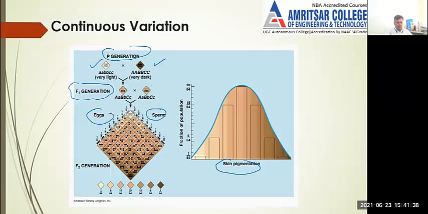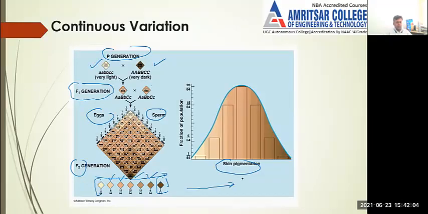But in the F2 generation, there will be a series of colors from light, most dark, less dark. This is more dark. Now you can see the variation in the darkness. So what can you say? This is a continuous variation.